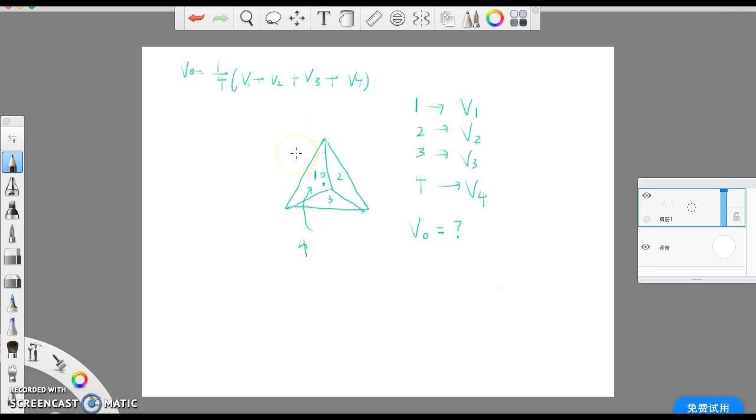Now we will try to find a way to rigorously prove that this equation holds. How to rigorously prove this?